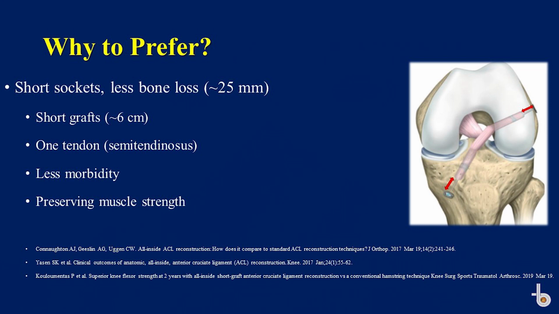And then we mostly use one tendon only. With the ST tendon, semitendinosus, you can have a graft of 8.5 or more sometimes. Also, you preserve your gracilis for additional procedures in your ACL, and there is less morbidity, and you can preserve the muscle strength in the hamstring too.